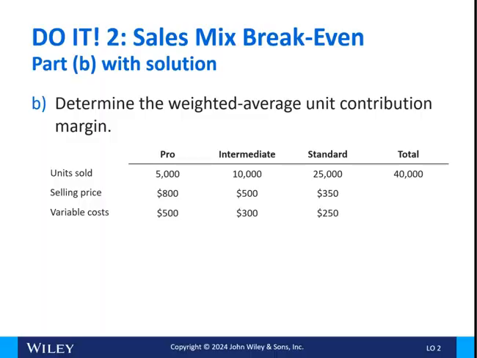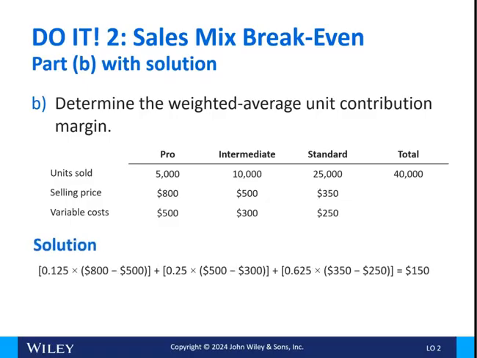Now determine the weighted average contribution margin. If we take the contribution margin for each product, the selling price minus variable cost gives us our unit contribution margin, and we multiply that by the sales mix percentage that we just calculated, add those up, we'll get our total unit contribution margin on a weighted average basis for the company.